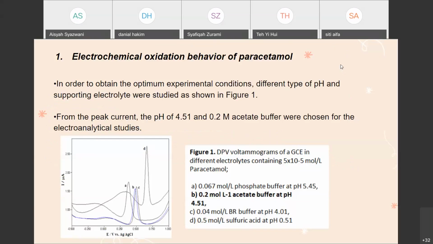So from the peak, we choose the pH of 4.51 and 0.2 molar acetate buffer.